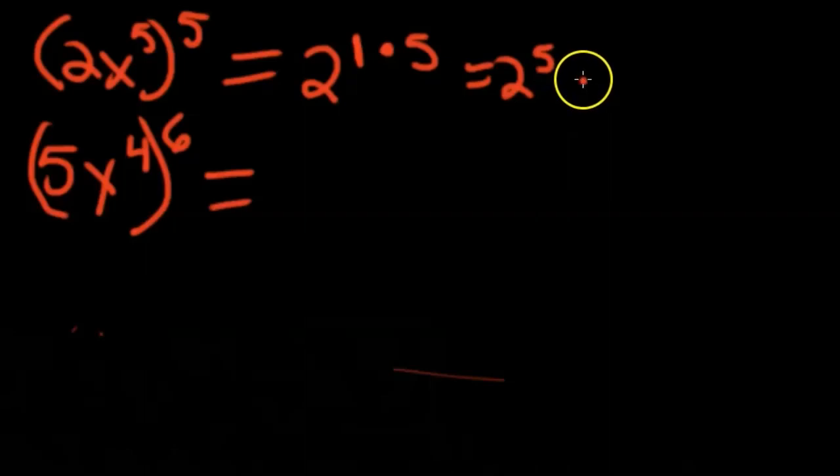Then you have x to the 5th times 5, which gives you x to the 25.